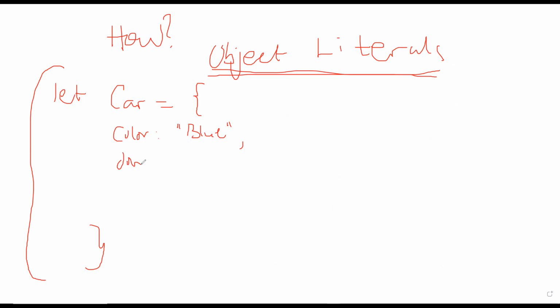How many doors? This is colon, 4. How many tires? 4. Oh, sorry, I'm doing it as if it's a string. These two are numbers. Remember, numbers are not supposed to be in double quotes.